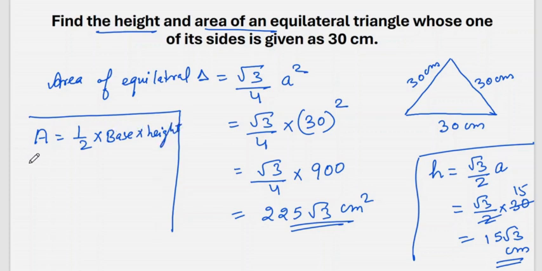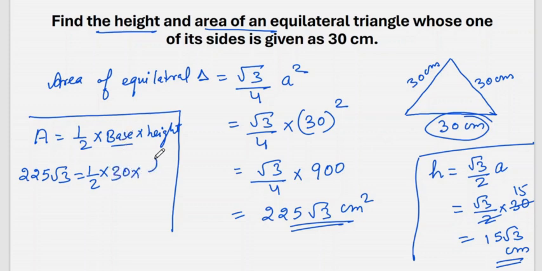Now, what is the area of triangle we have got? We have got area of triangle as 225 root 3 equal to half. What is our base? So base is this on which the triangle is standing. Now you can say base is 30 and height we don't know. Let us assume it as h.